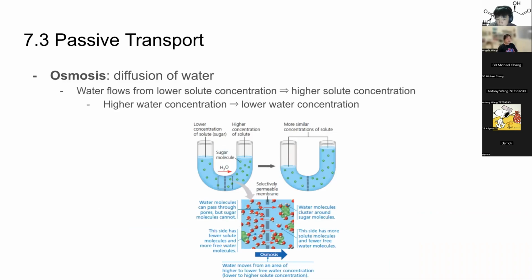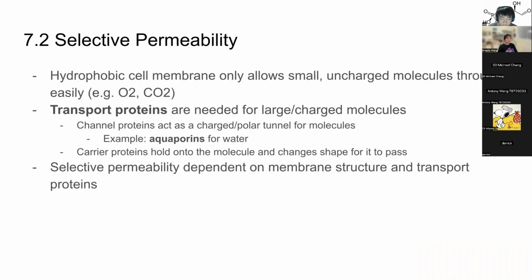Phospholipid bilayers have selective permeability, which means they only allow small uncharged molecules through easily, since the inner part of the membrane is nonpolar, and substances such as O2 and CO2 are very small, and they are also nonpolar. Therefore, transport proteins are needed for large or charged molecules.